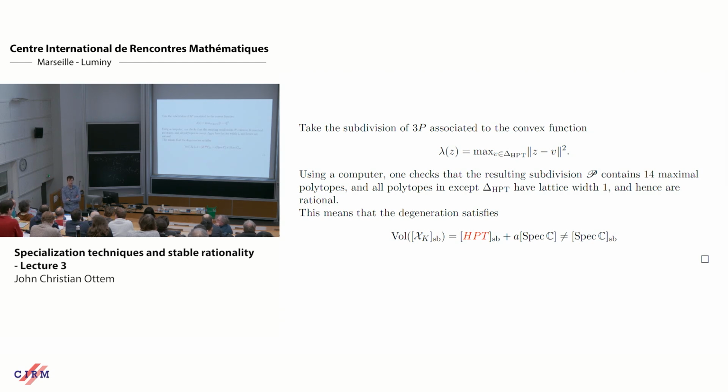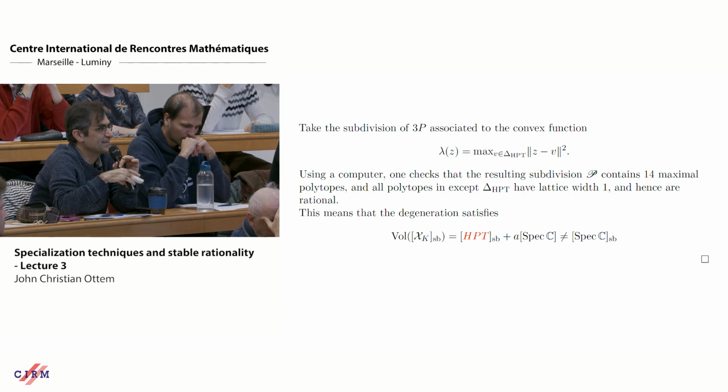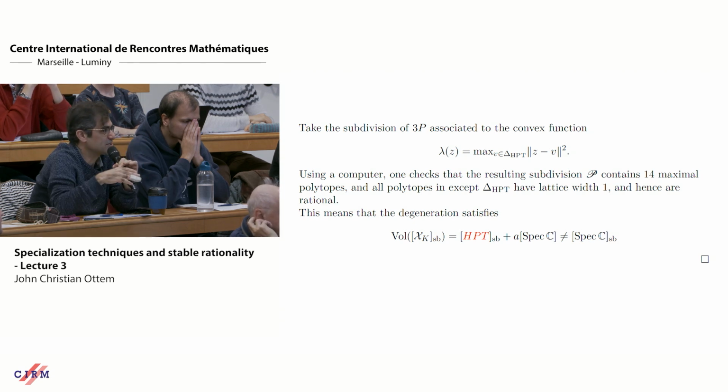Thank you. So I think your method shows that if you have a polytope and you can find a section of that polytope which is irrational, then the polytope itself is irrational. Yes. So do you think that there are finitely many irrational polytopes in each dimension, in the sense that any polytope which does not contain one of those polytopes as a section will be rational?